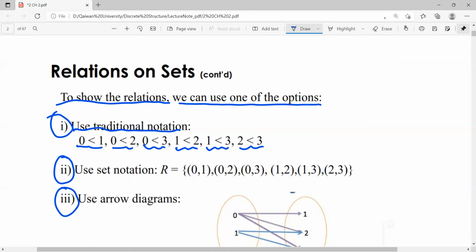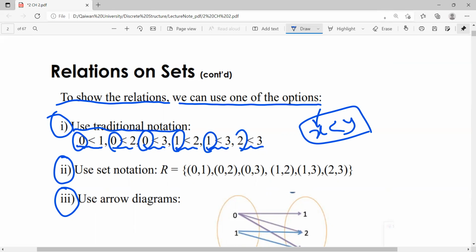This is a relation that x is less than y. X takes these values, and y takes the other ones. This is a way for expressing a relation between two sets. And we also can write it in this form. This is also the same as that one.